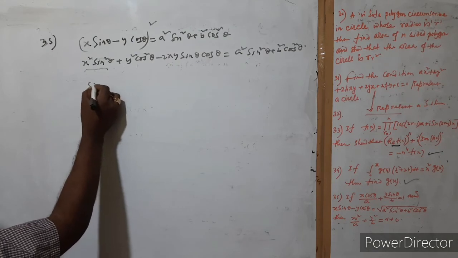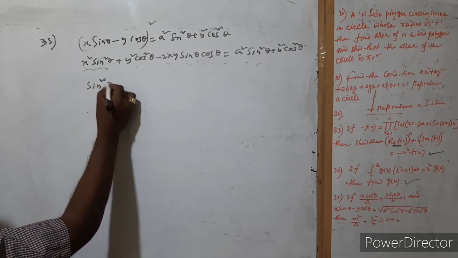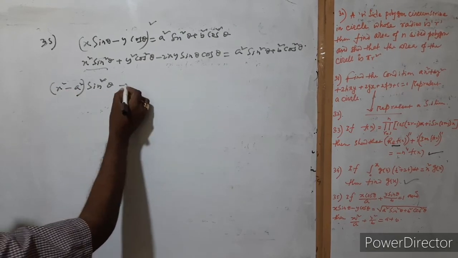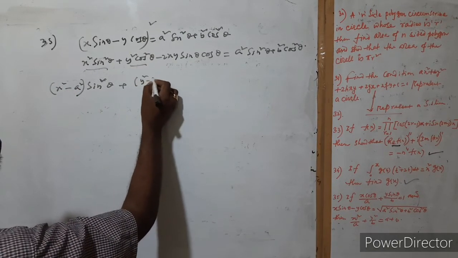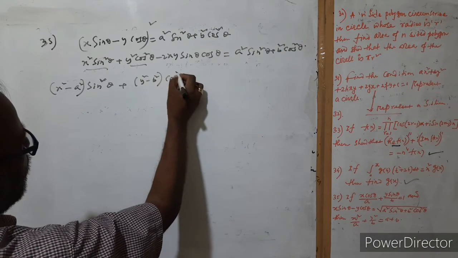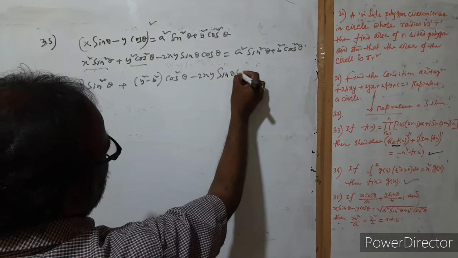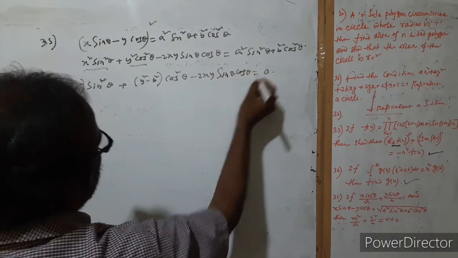Take sine square theta common, and this is x square minus a square, and y square minus b square cos square theta minus twice xy sine theta and cos theta equal to 0.